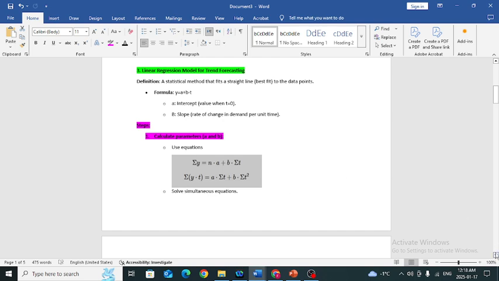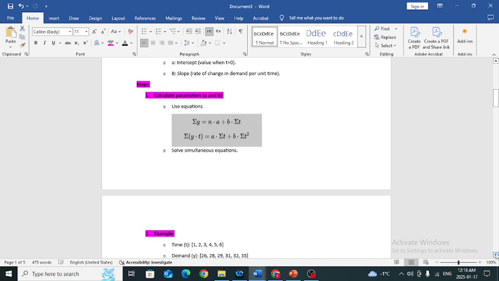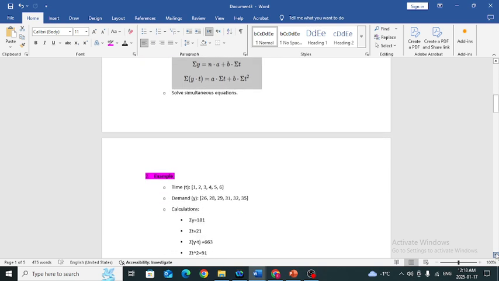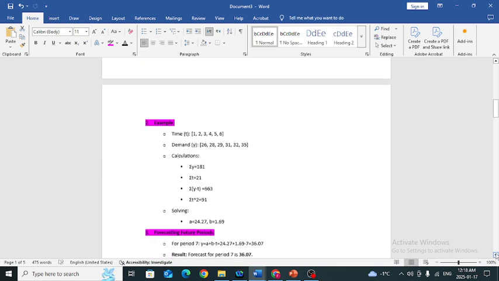a and b. So, an example of the linear regression: imagine that the time consists of 1, 2, 3, 4, 5, 6, and the demand y is 26, 28, 29, and so on.